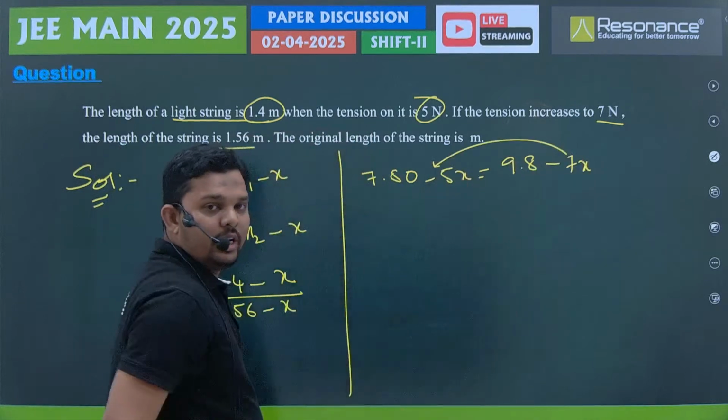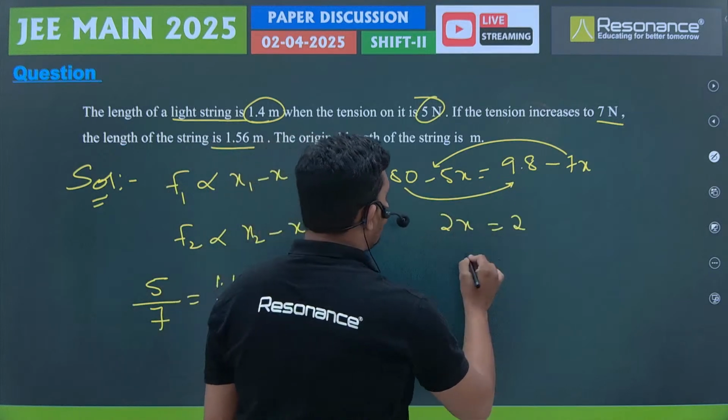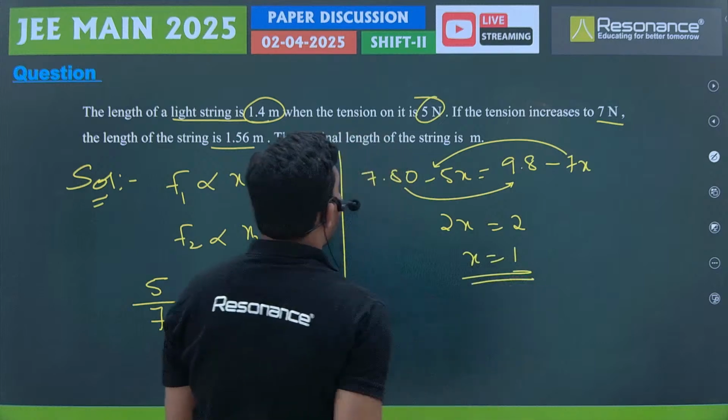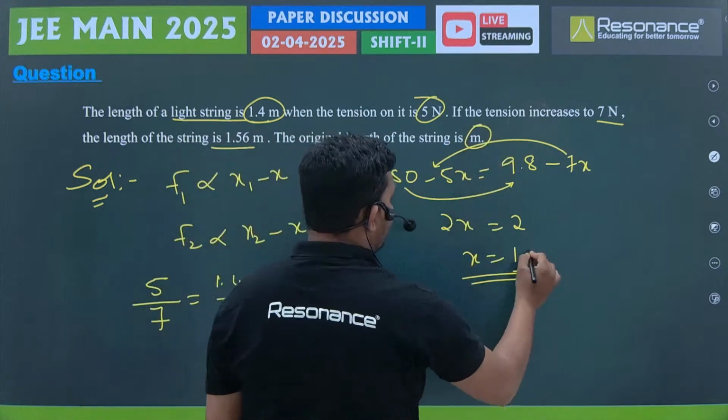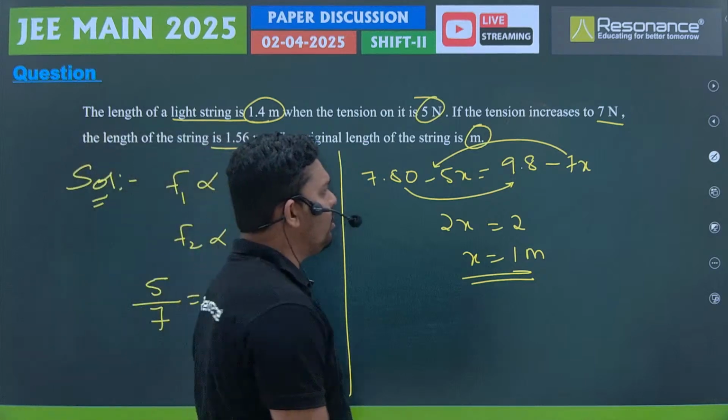Minus 7x if you send here, and 7.8 if you send there, it's going to be 2x equals 2, and the value of x is going to be 1, and it is expressed in SI unit, that is in meters. So x equals 1 meter. Very simple question.